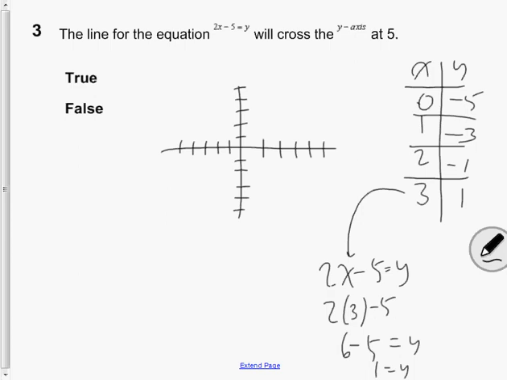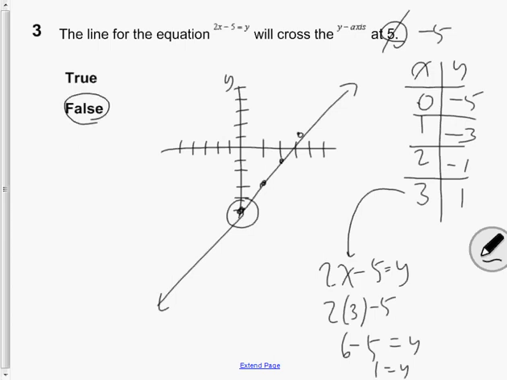Now, if I was to plot these coordinates, 0, -5, 1, -3, 2, -1, and 3, 1, and connect those dots, I will find that this line crosses the y-axis at -5, which makes the statement false.